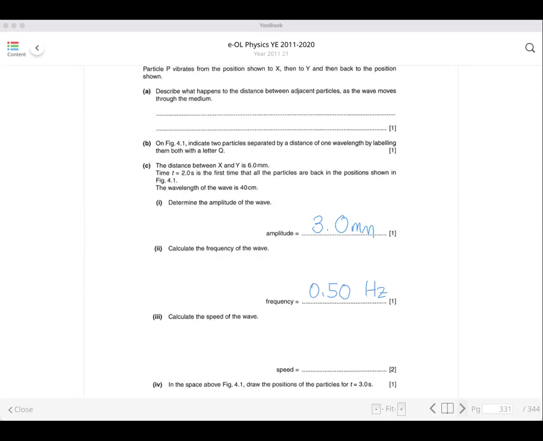Oscar, well done. Ryan, well done. Yiting, well done. I want you to write down the formula.